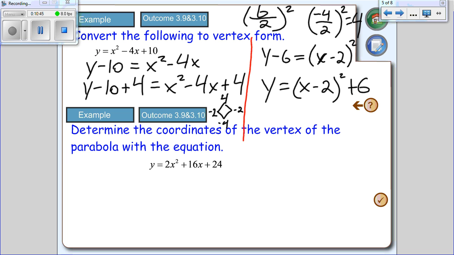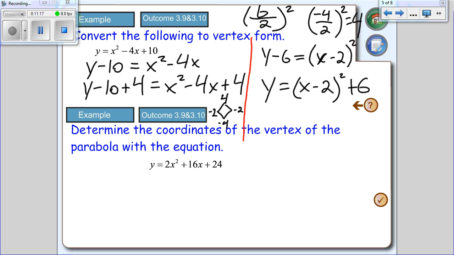That missing c value was 4. We got 4 because we did b divided by 2 squared. We then factored our perfect square trinomial. So it's x minus 2 squared. And on the left, we just simplified. It's just y minus 6. That's negative 10 plus 4 is negative 6. Then we added the 6 back to the other side.